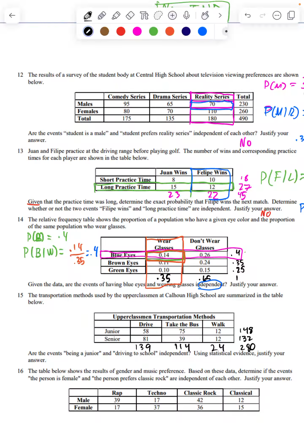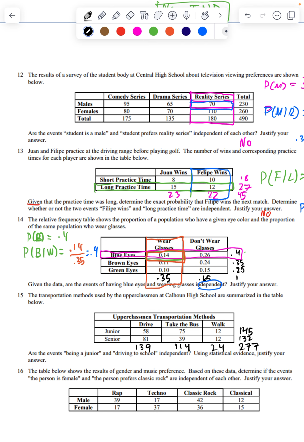Just going to double check. 139 plus 114 plus 24. Okay, see, this is why using your calculator is important. It's going to be 277. Wait, 58 plus 75 is 133, so the junior total is not 148. Okay, so that's why I was getting something wrong.